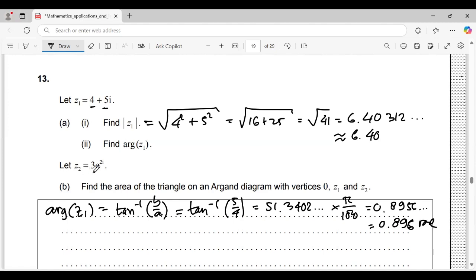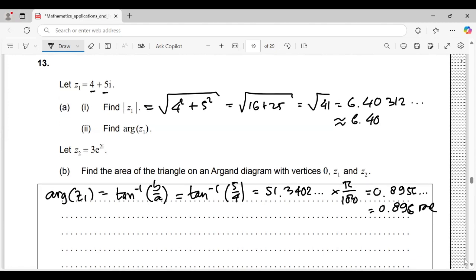Let C2 equal 3e to the power of 2i. Find the area of the triangle on an Argand diagram with vertices 0, C1 and C2. This is part B. Firstly, I'm going to convert C2 to rectangular form using Euler's formula.